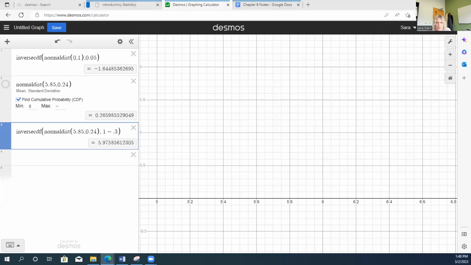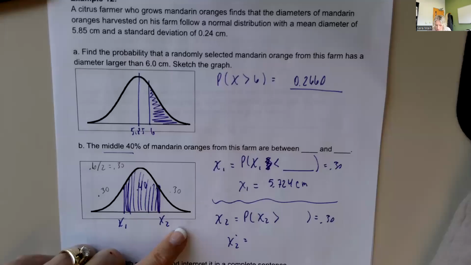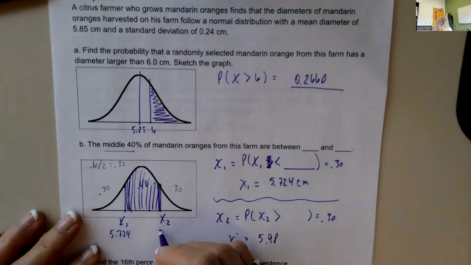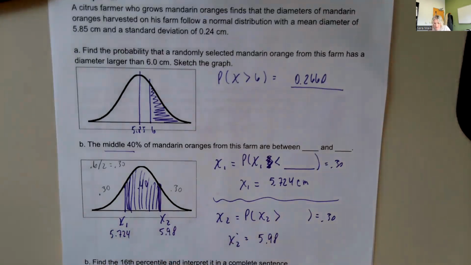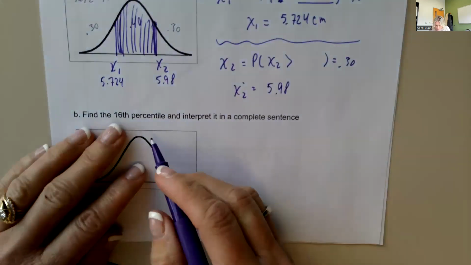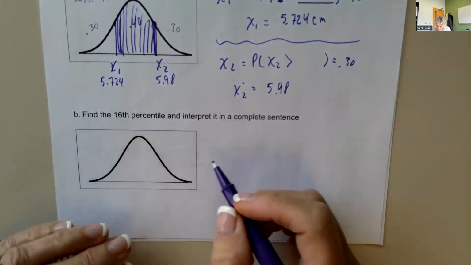So this x1 is 5.724 and this x2 is 5.98. And then the last example is to find the 16th percentile and interpret it in a complete sentence.